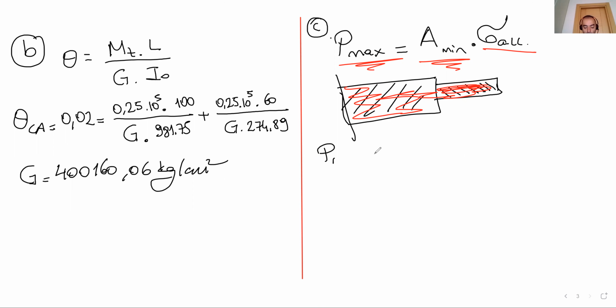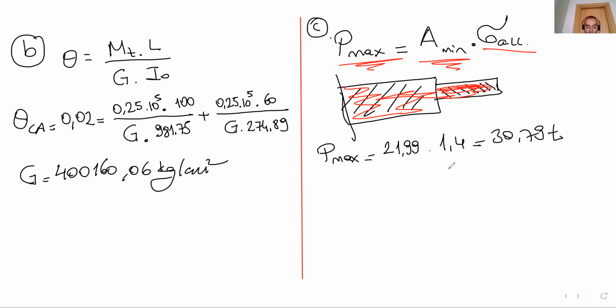Let's do it. The area is what? If you calculate the hollow section part, you're gonna see this centimeter square times 1.4. So the force is this. Maximum force is this.